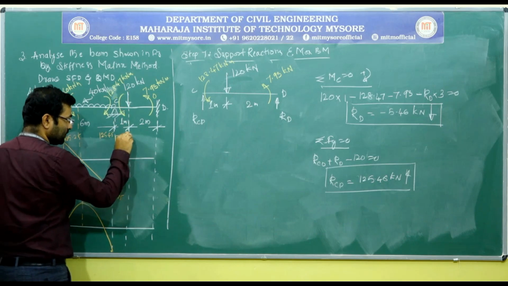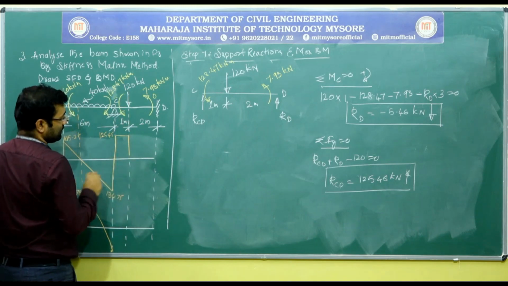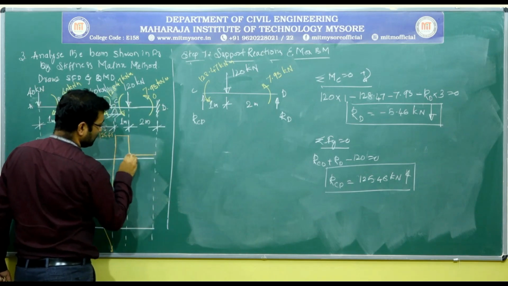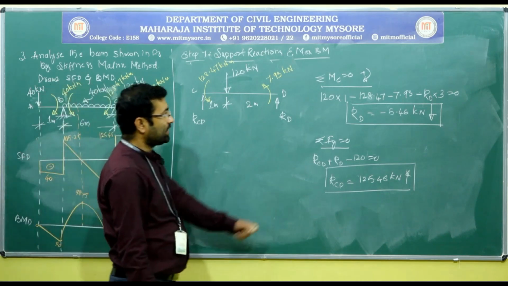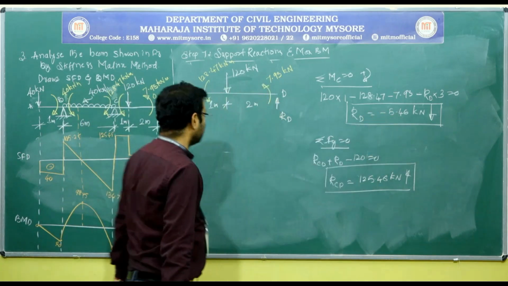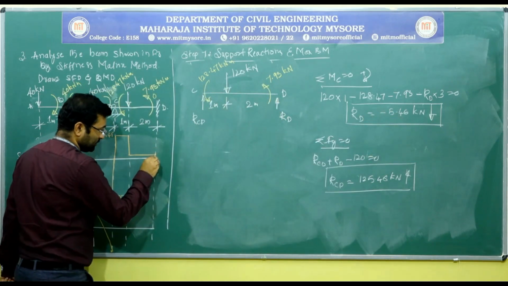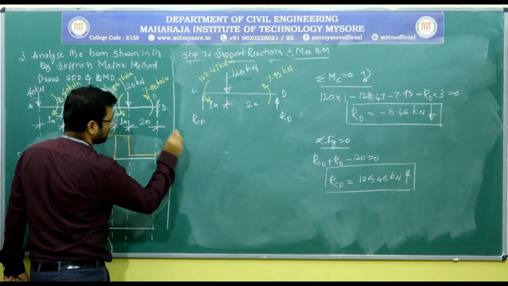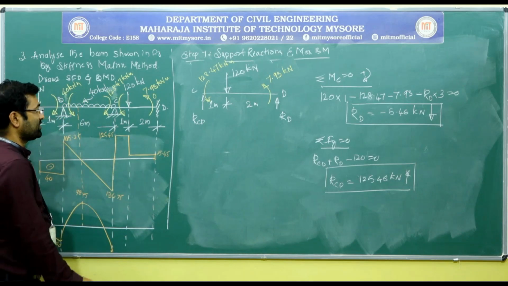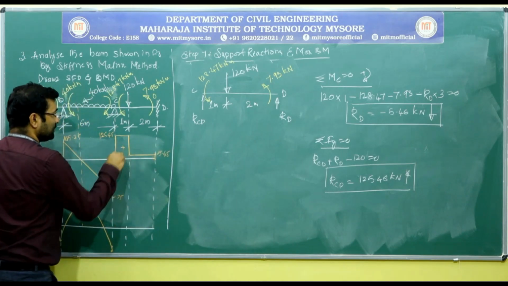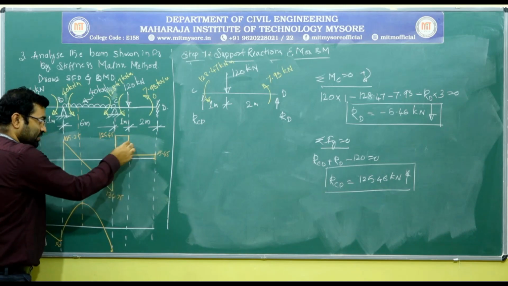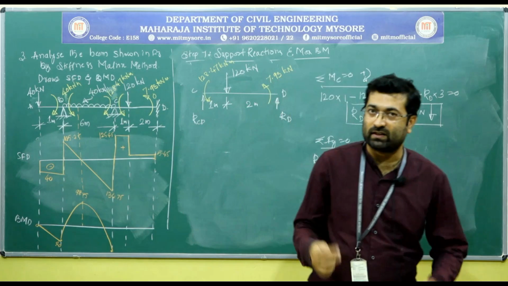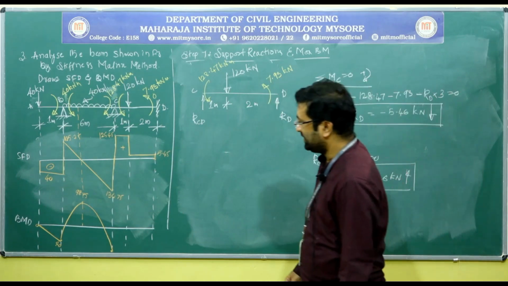But here we have a downward load of minus 120, then from here to here we don't have any load. Here at D we have a negative load, so I have to go down. So this is 5.46. You can see the shear force diagram is not crossing the datum line. It means we cannot expect the positive bending moment.